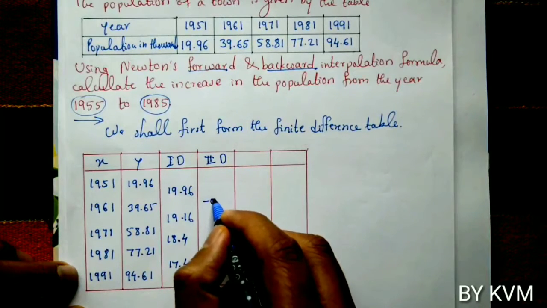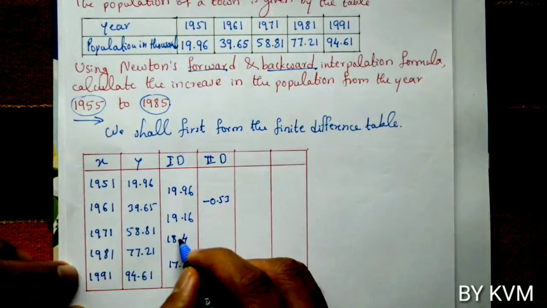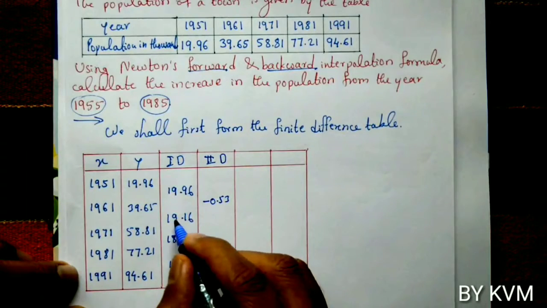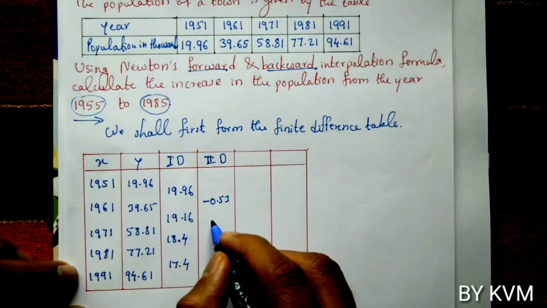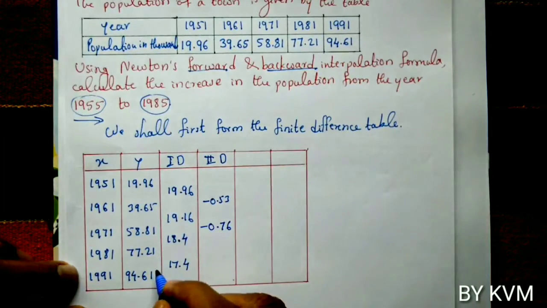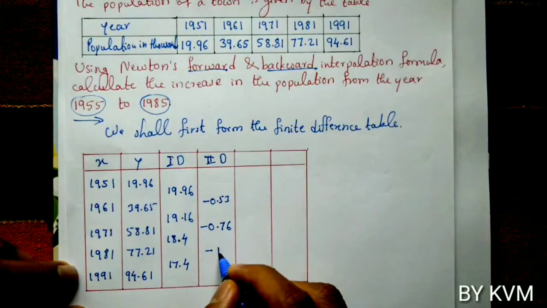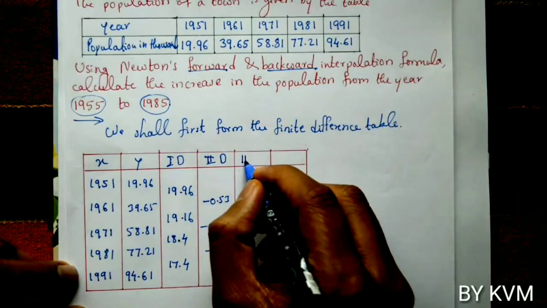Now second forward differences: 19.16 minus 19.69 is minus 0.53, then 18.4 minus 19.16 is minus 0.76, 17.4 minus 18.4 is minus 1.